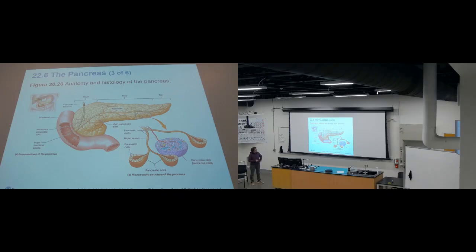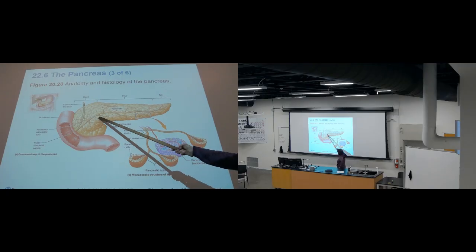So this duct receives the enzymes that are produced here, and these enzymes travel from the lumen, this is the opening, of the acini, into these ductules. These are small ducts that join, and then they form the main pancreatic duct.